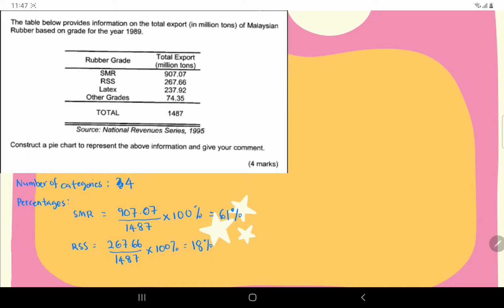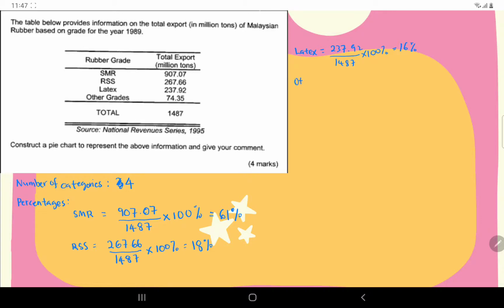And for latex, 237.92 divided by 1487 and then times 100%, equals 16%.